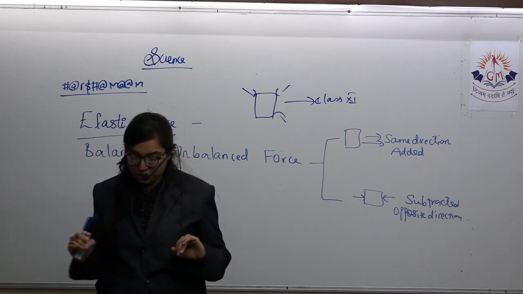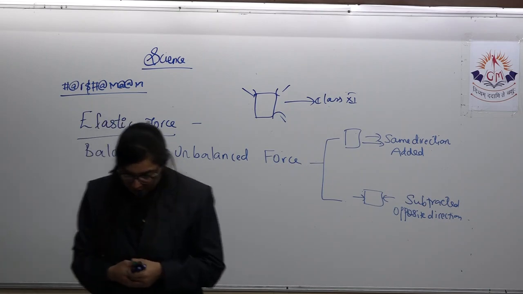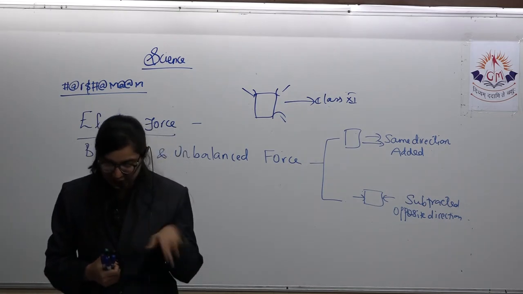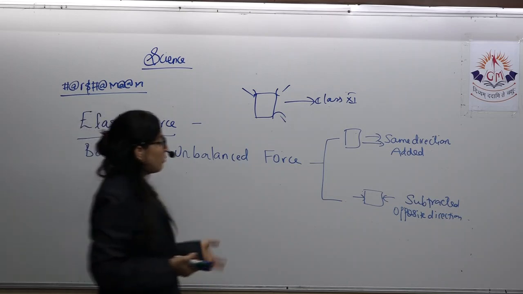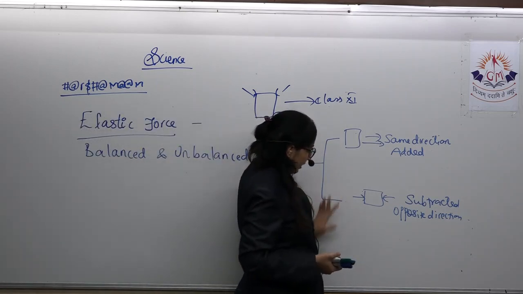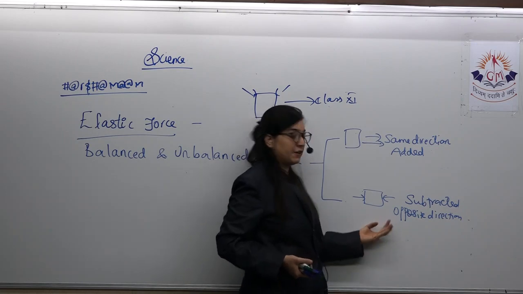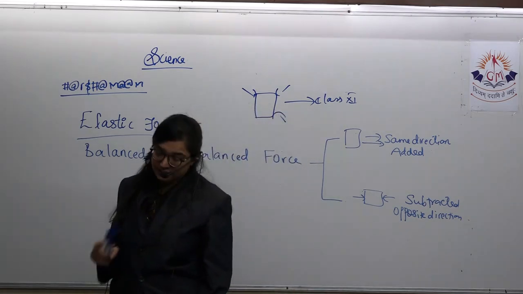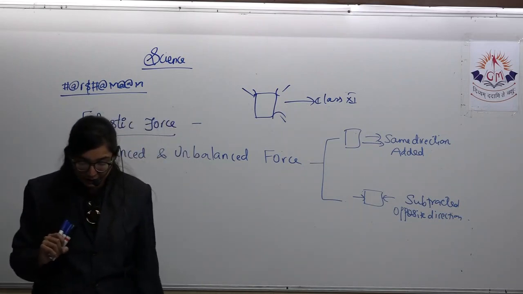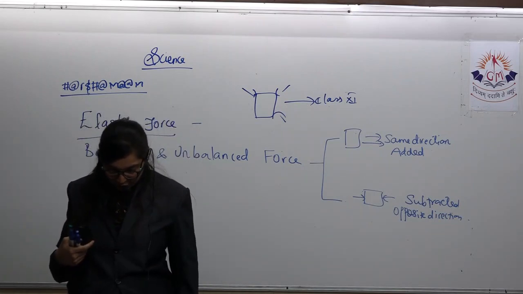But if it is in the opposite direction, then they will nullify each other's effect, that is 0, that is case A. And in case B, on one object, if it is 60 here and 50 here, then what will be the total? 60 minus 50, that is 10. And that is what is given over here.